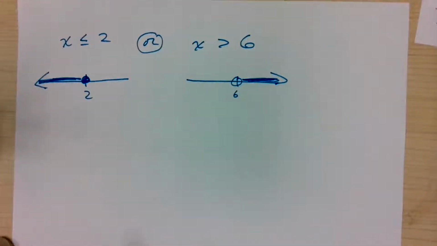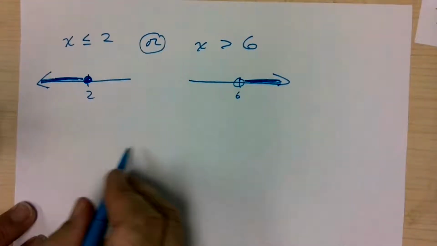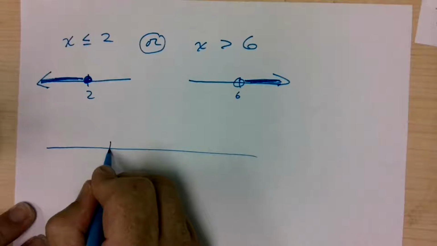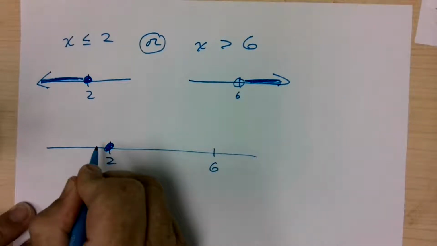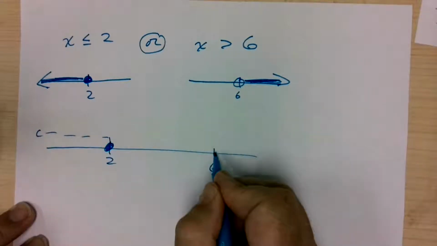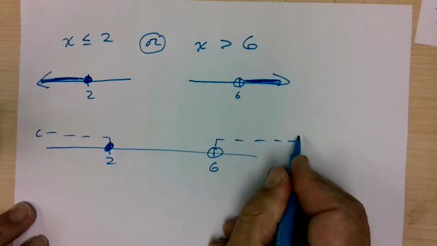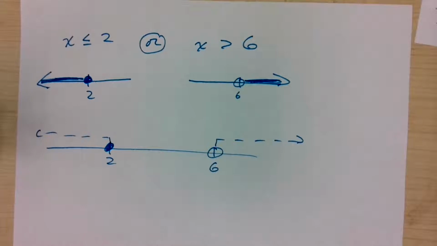Or means anything that shows up is used. So here's 2. Here's 6. Here's our first thing. Here's our second thing. If it were and, there is nothing that is common to both. But with or, anything that shows up, what points show up either in the first one or the second one or both?